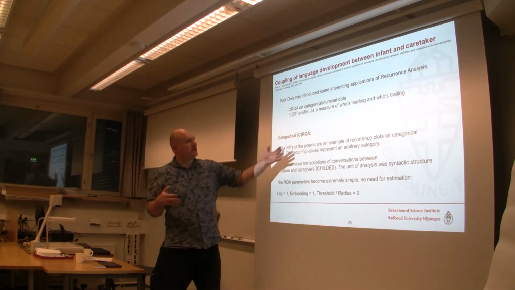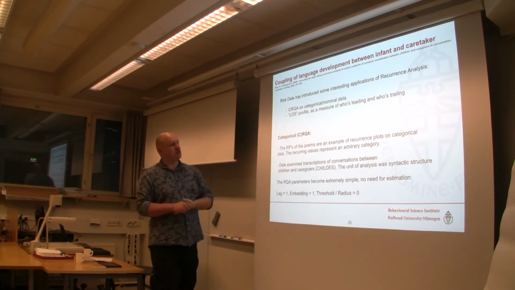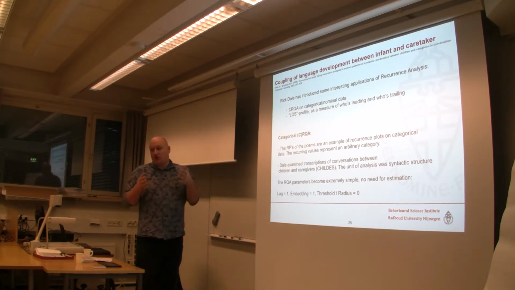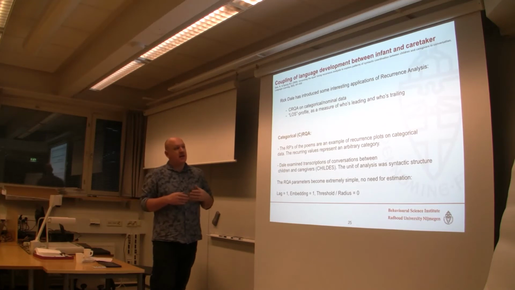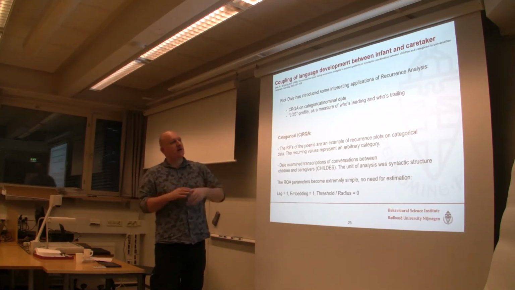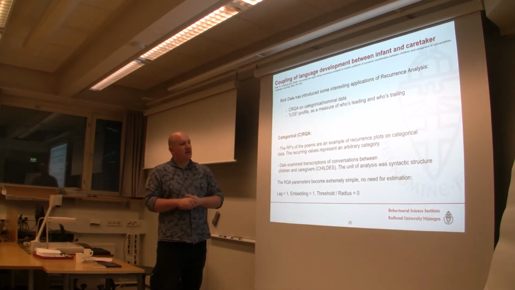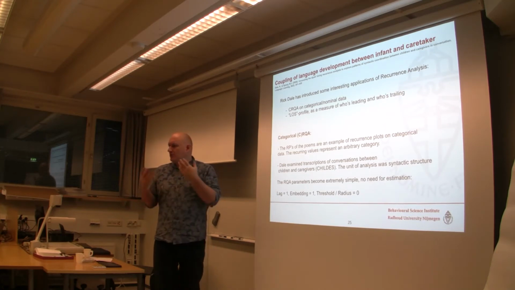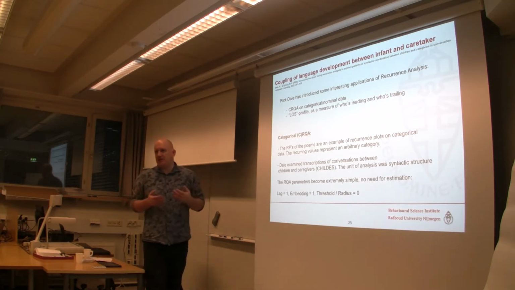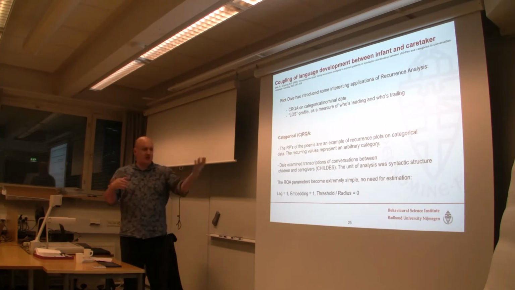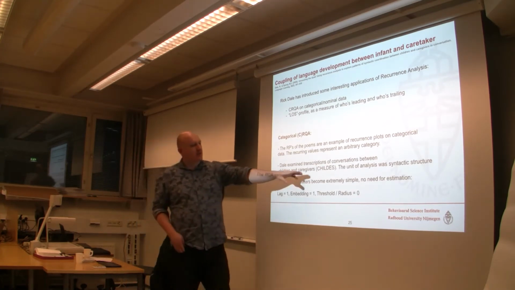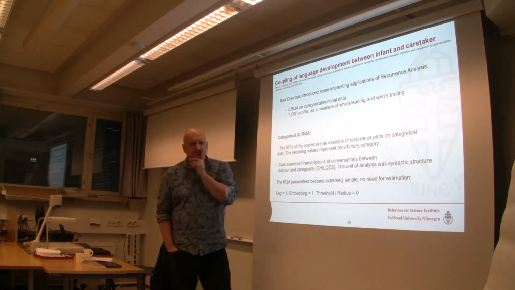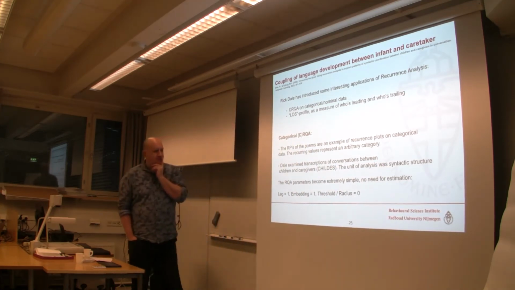It depends a little bit on what you coded about these conversations, but a recurrent point means that at some point you used something, maybe a grammatical structure or maybe a specific word, and if that is repeated by the other person, then this becomes a recurrent point. In terms of conversation, it can mean that exactly the same words are repeated if that is what you put into it. But I think in this case the unit of analysis was the syntactic structure of what was being said.